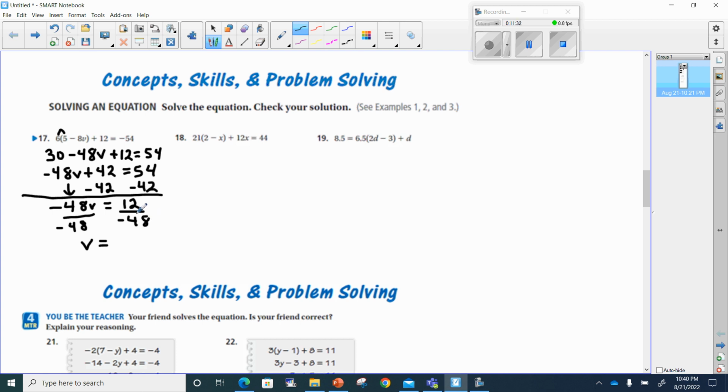You would think the answer is 12 over negative 48, but remember, both of these can be divided by 12. 12 divided by 12 equals 1. 48 divided by 12 equals 4. And since it's a negative divided by positive, this would be a negative 4. So my answer is going to be negative 1/4.